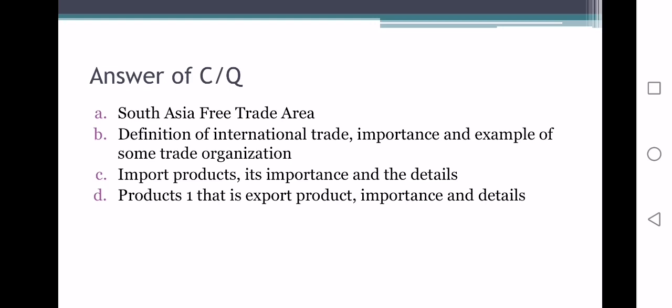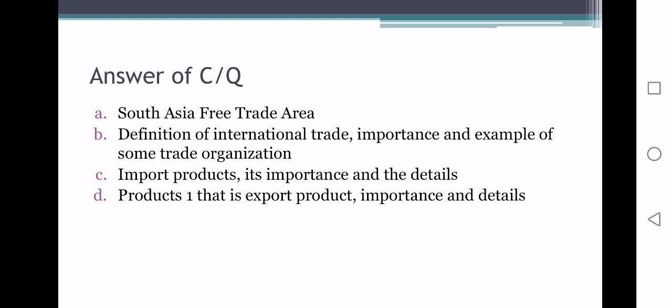We have also known that a developed country has its export products more than import products. So if we want to become a middle income country, Bangladesh also has to give emphasis on exporting products rather than importing products. So here you can write the answer of this question.